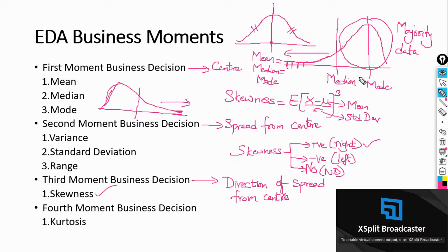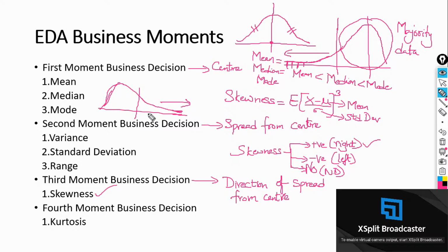What about a left skewed data? For a left skewed data, since you have outliers towards your left side, mean will be somewhere towards this left tail. And this makes a relationship like mean less than median less than mode. So mode will be greater than median, and median will be greater than mean.